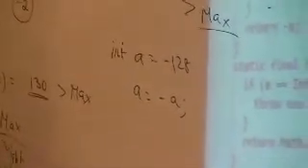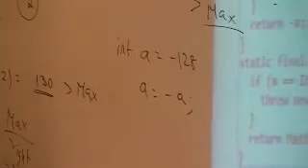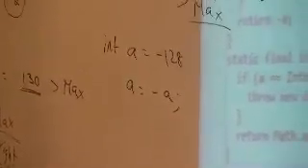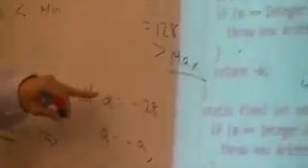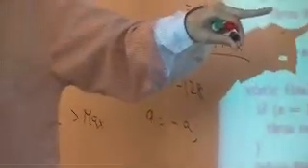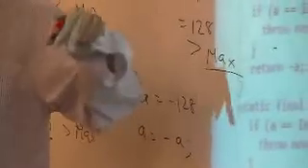If you have negative 128, a equals negative a makes a positive 128, so that will be more than 127. So that's why you check if a equals Integer.MIN, which in this case will be 8 bits. So if it's equal to negative 128, then you throw an exception. Otherwise, for all values of a, you can return the negative value of a. So you won't have any problem turning a positive to negative.